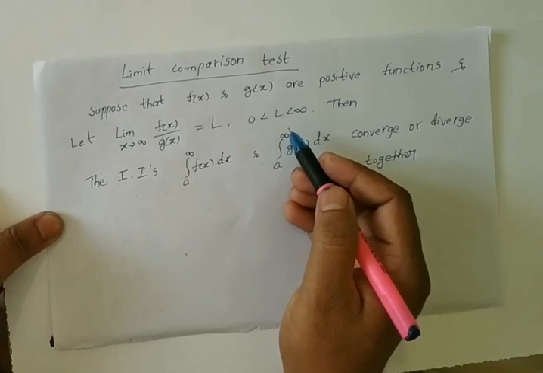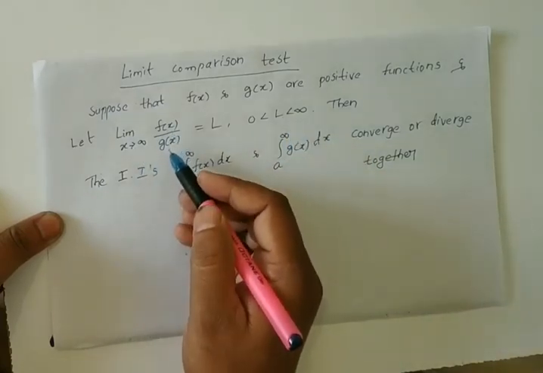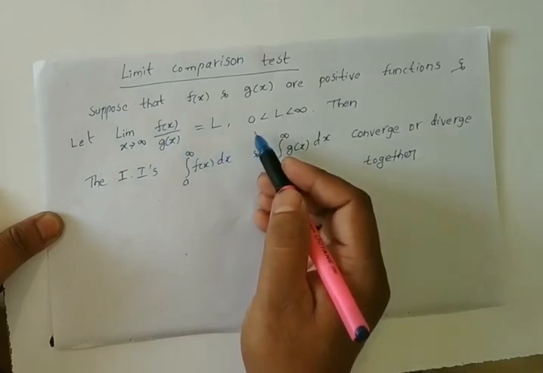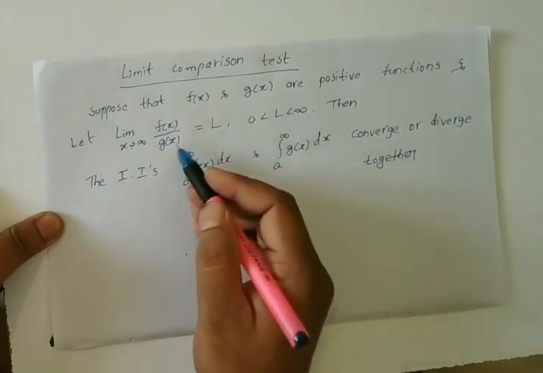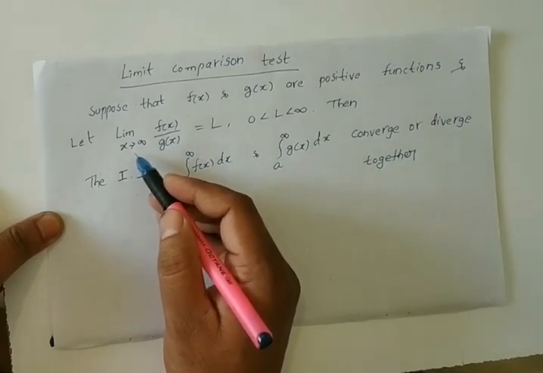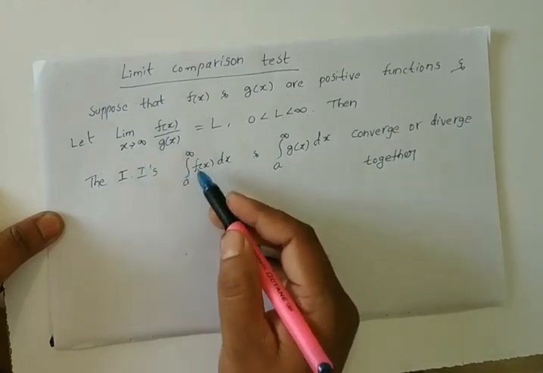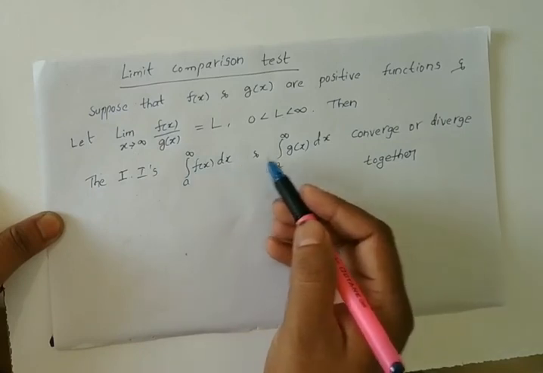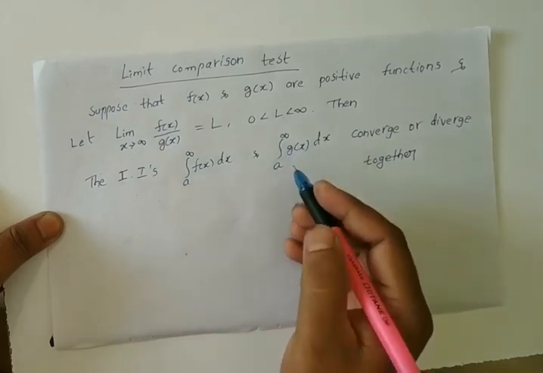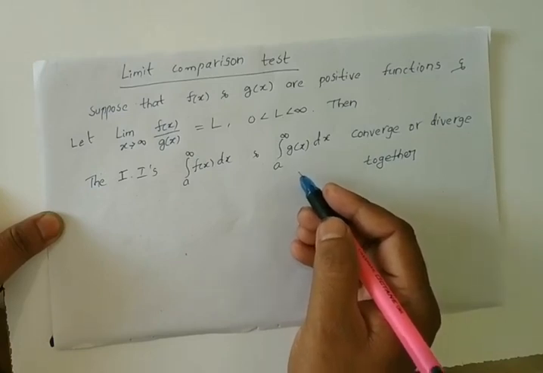That means if the limit of f of x by g of x is not equal to 0 and is finite as x approaches infinity, then only we will say that both the integrals, the integral from a to infinity f of x dx and the integral from a to infinity g of x dx, behave alike.